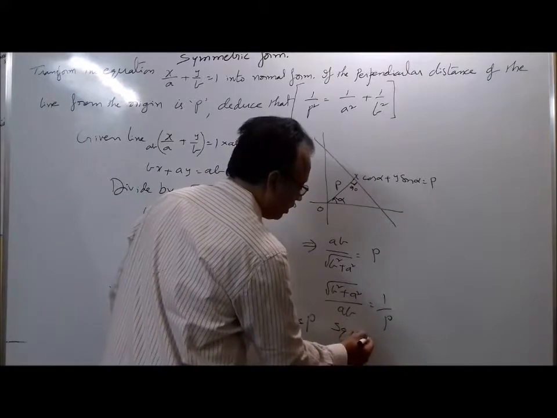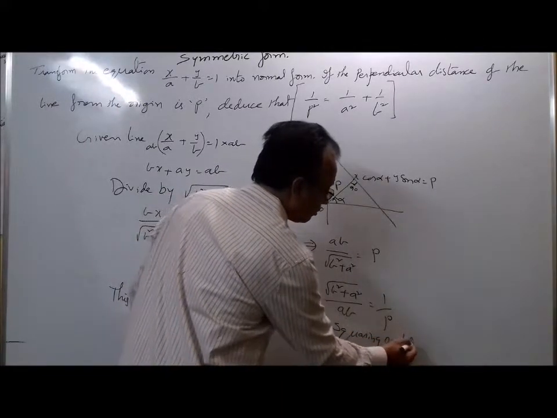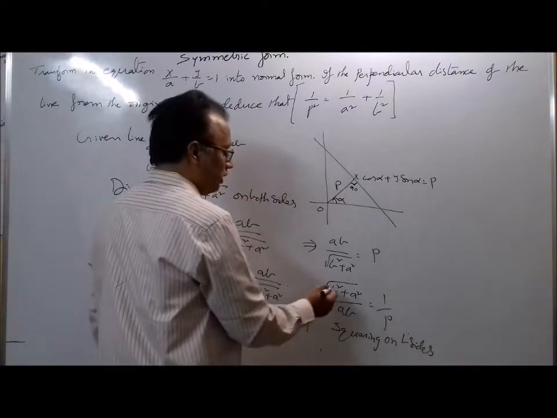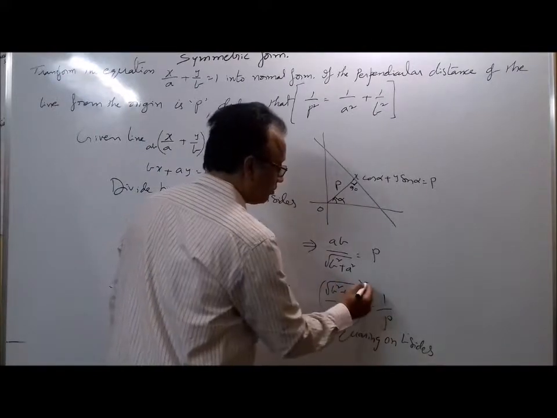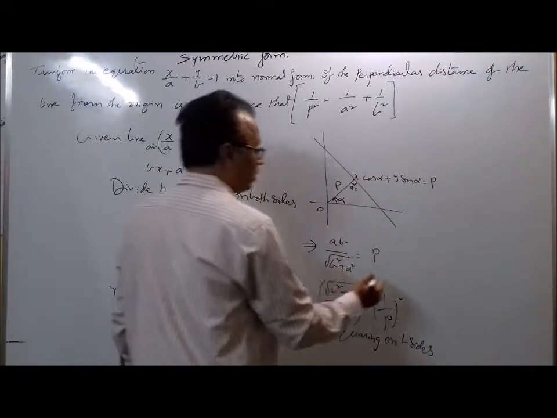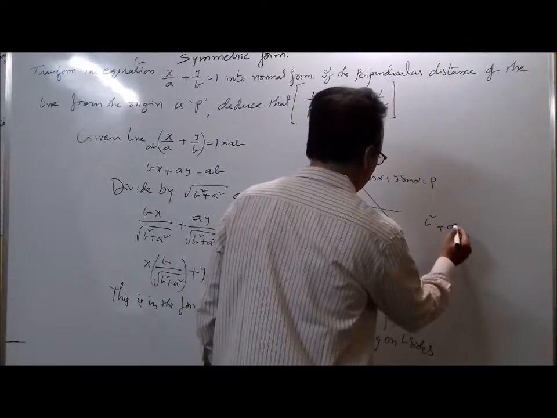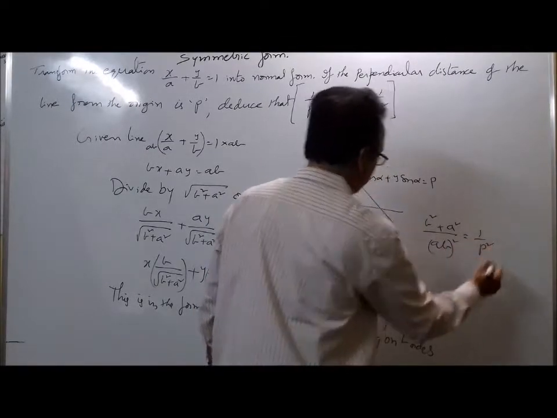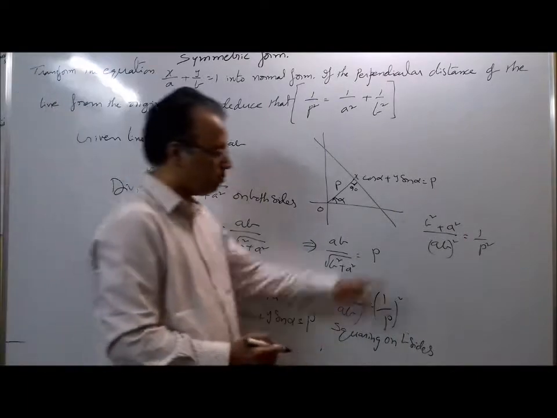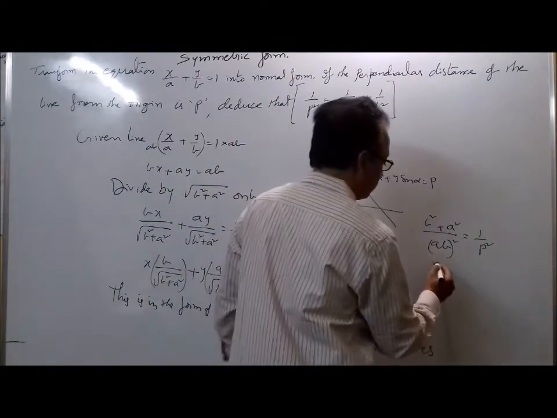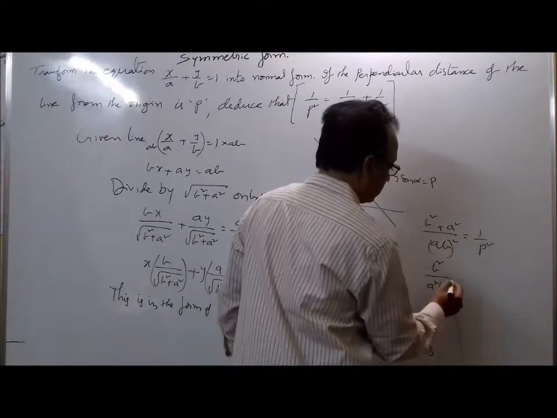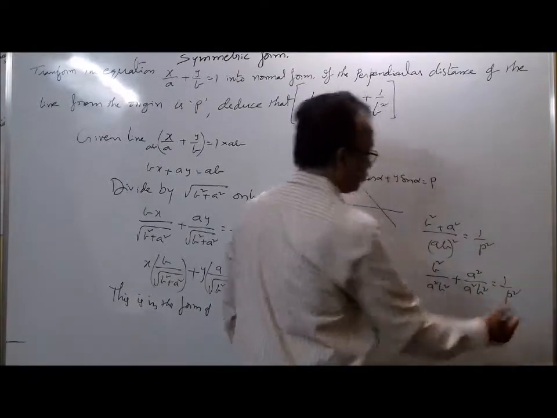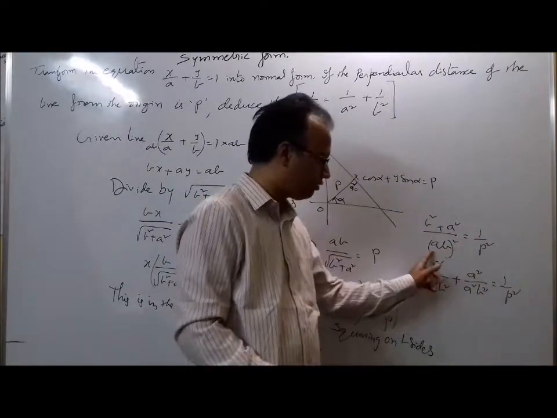Now squaring on both sides. So this becomes whole square: root will go, b square plus a square by ab whole square is equal to 1 by p square. That is, b square by a square b square plus a square by a square b square, because ab whole square is a square b square.